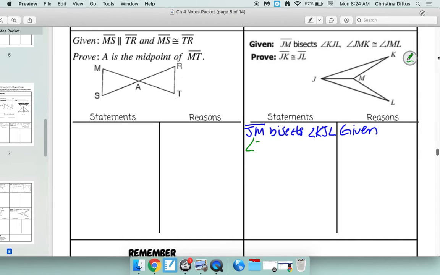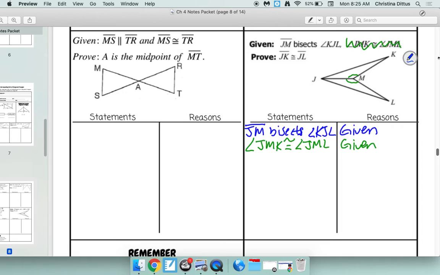And angle JMK is congruent to angle JML. That is given. JMK, that angle there. JML, that angle there. So make sure you mark your angles.